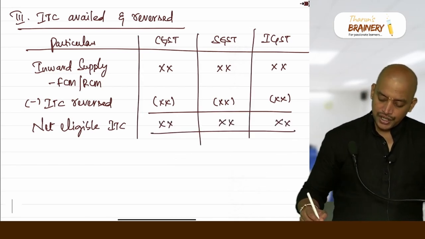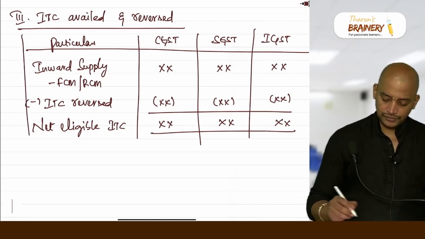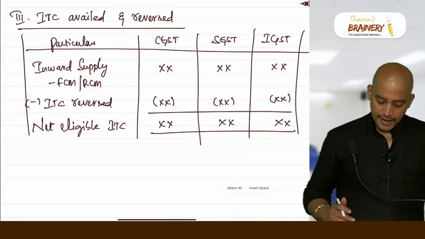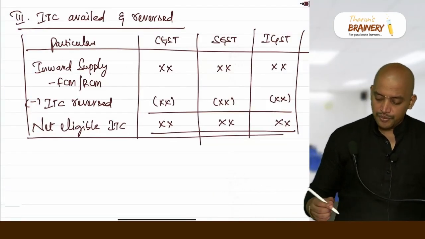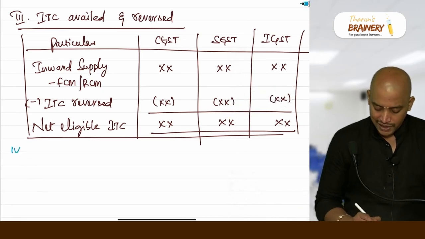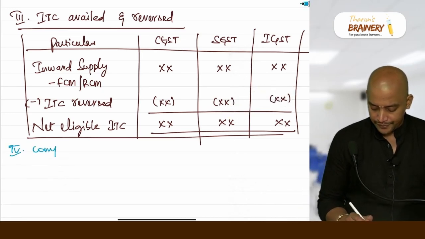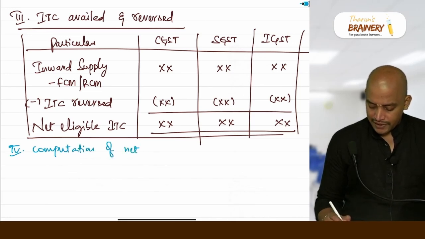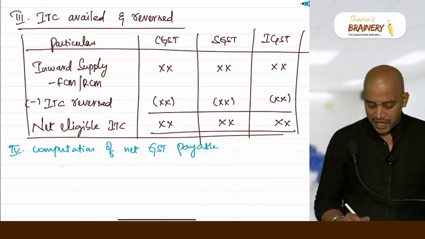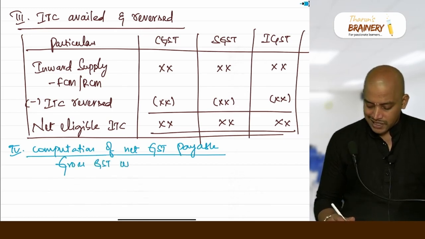So this computation you need to make. Then the last computation of net GST payable. So what will come in computation of net GST payable? In this computation, first gross GST payable under FCM.